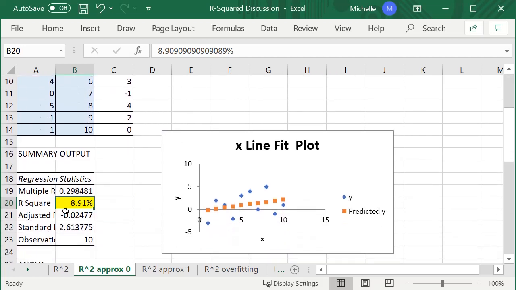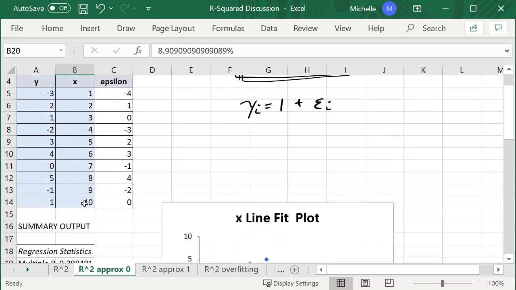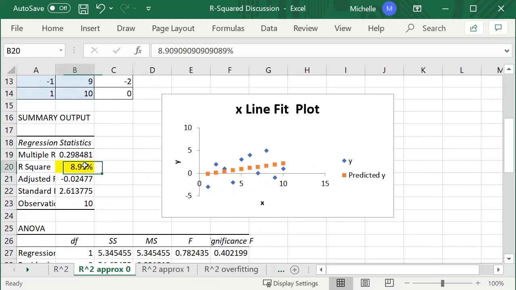R squared is actually 0, but of course, this is an estimate of R squared, based off of assuming that this is just data. So we're seeing that very low R squared value, that only 8.9% of the variability in y is explained by x, according to this estimate.